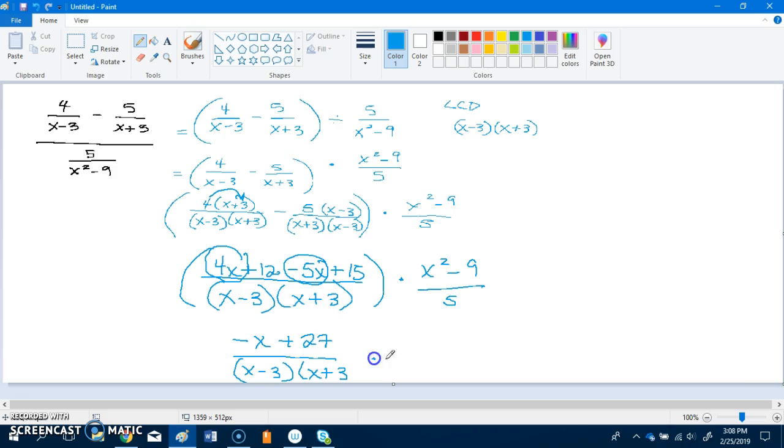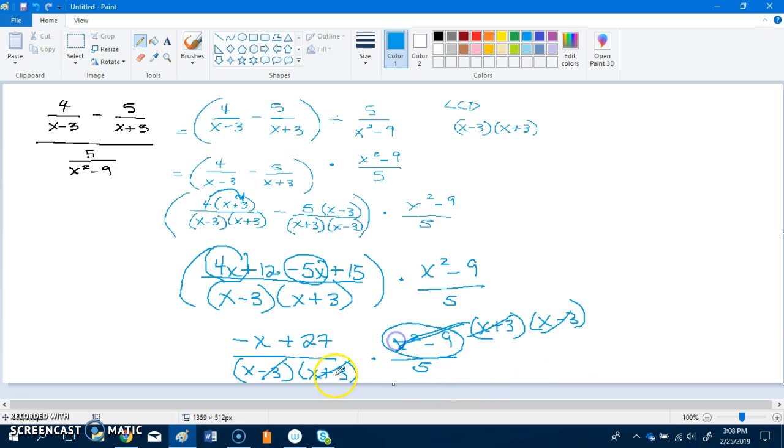Now I'm going to multiply by x squared minus 9 over 5. Hopefully you'll notice that x squared minus 9 factors to x plus 3 and x minus 3. If the numerator here is x plus 3, x minus 3, that's going to cancel out the denominator on this side.